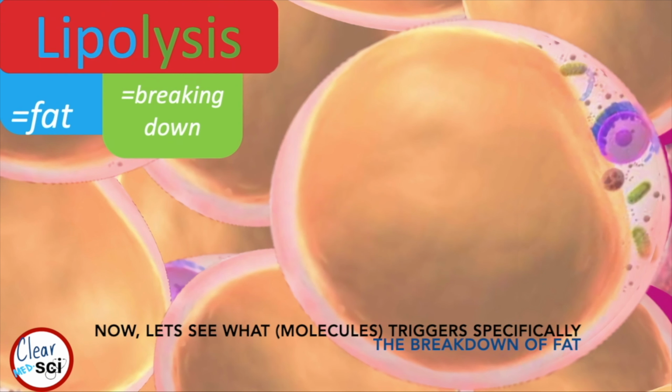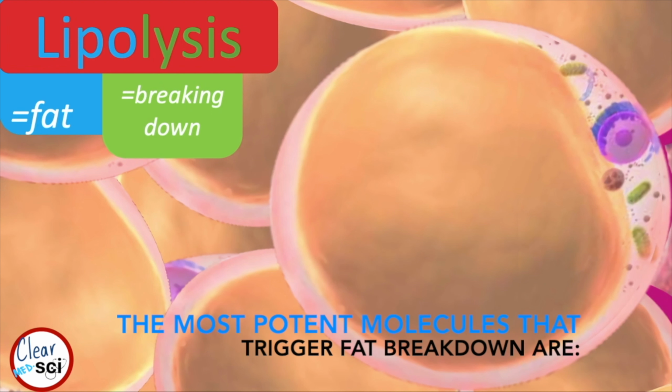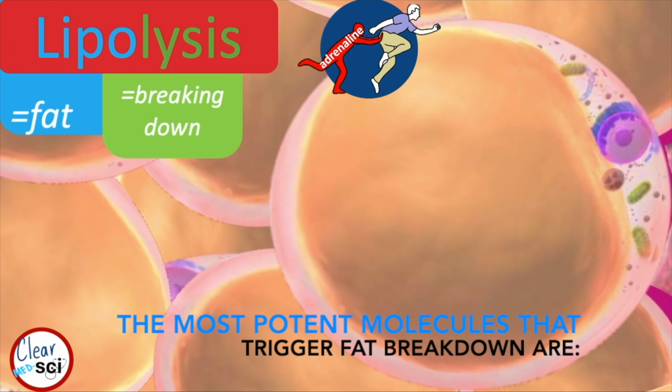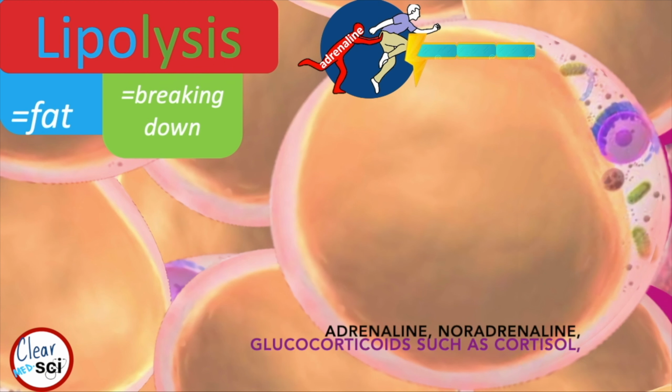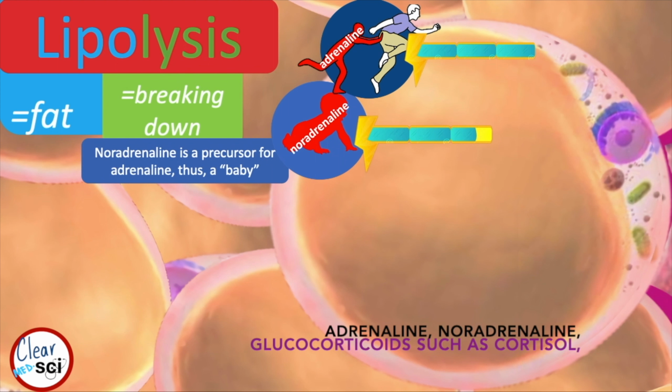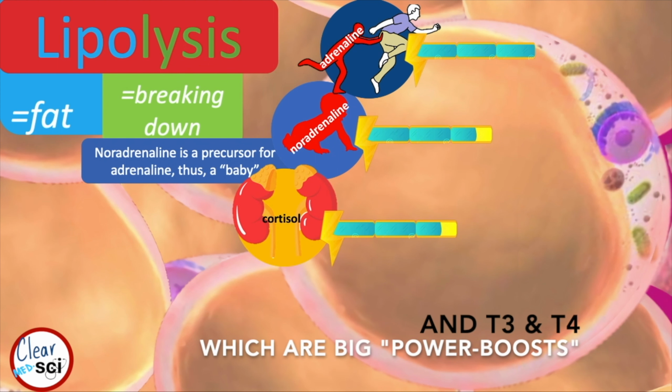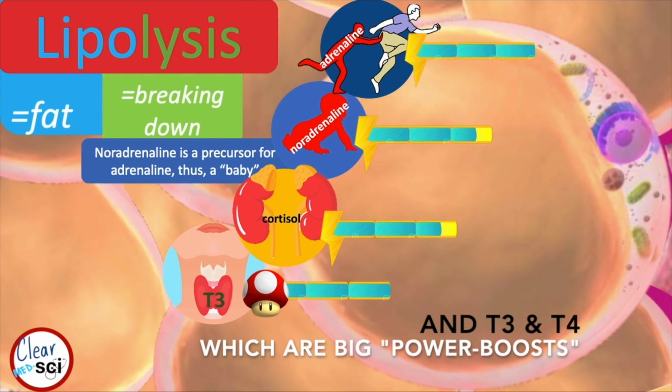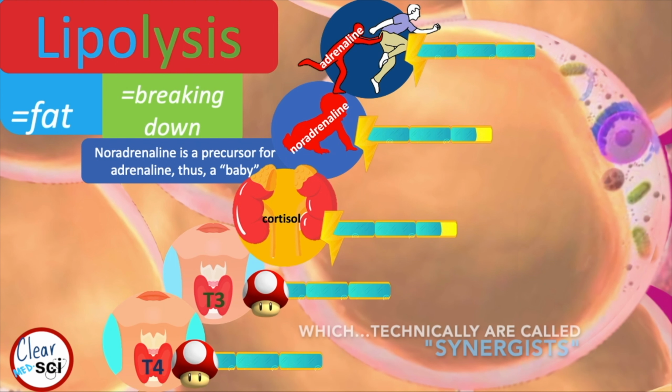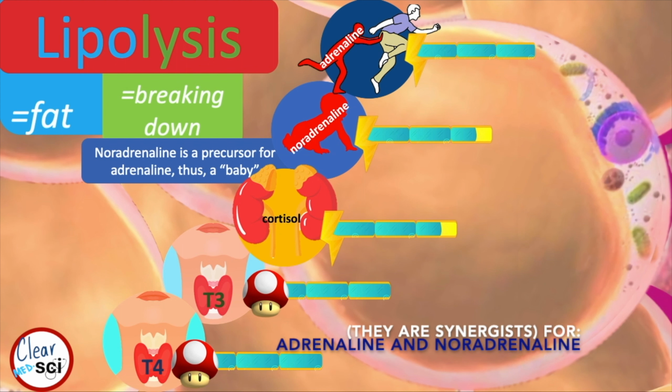Now, let's see what triggers specifically the breakdown of fat. The most potent molecules that trigger fat breakdown are adrenaline, noradrenaline, glucocorticoids such as cortisol, and T3 and T4, which are big power boosts, which technically it's called synergists, for adrenaline and noradrenaline.